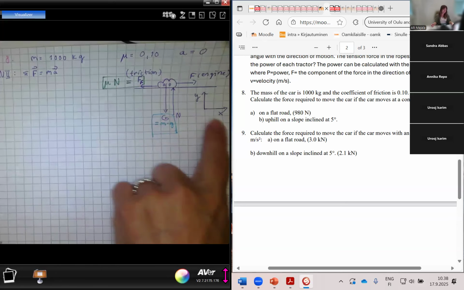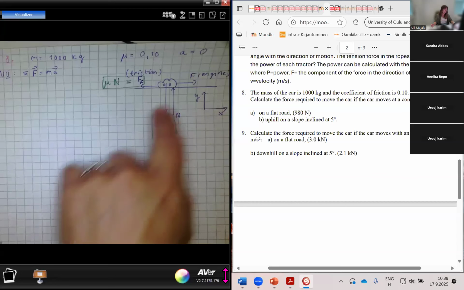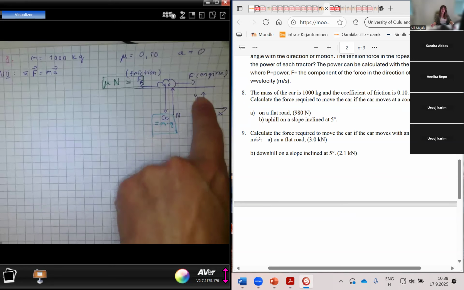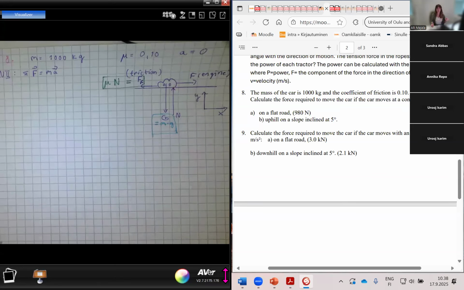X is always in the direction of the movement, and y is perpendicular to the direction of the movement. And also the engine force, basically, because that is always in this kind of calculation thought to be in the direction of the movement.